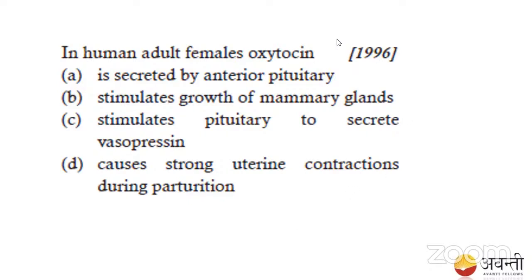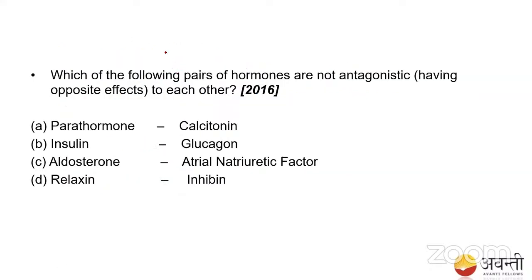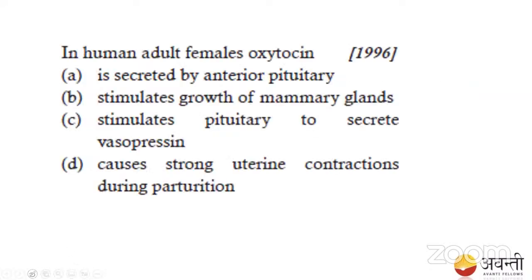Okay. So the correct option is D, causes strong uterine contraction during parturition. In human adult females, oxytocin is basically secreted by the hypothalamus and stored in the posterior part of the pituitary gland.